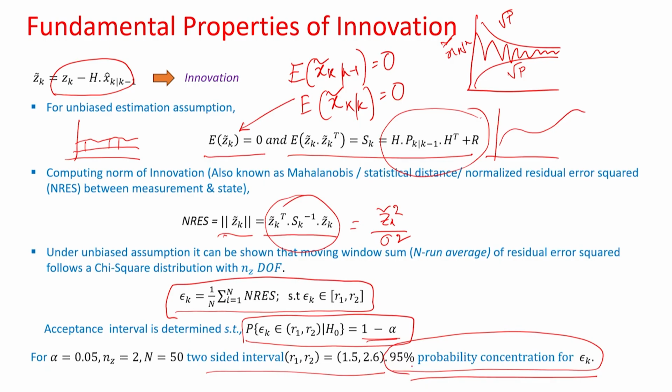So, if you do not know how to validate your estimate, you always check this: do a moving window sum of your innovation and run a simple chi-square test. If it is chi-square, well and good, and if it is unbiased, the mean will be 0. Okay. So, this will give you an indirect way to tell that your estimate is proper when you do not have a truth. If you have a truth, then you can plot the error, but actually you will not have a truth. Okay. So, this is an important property of innovation.